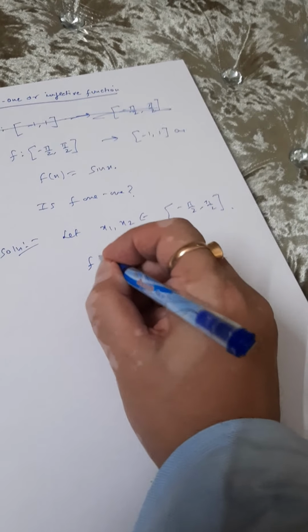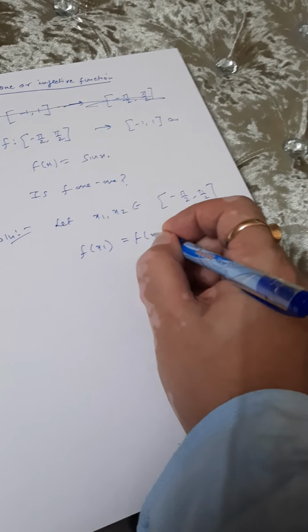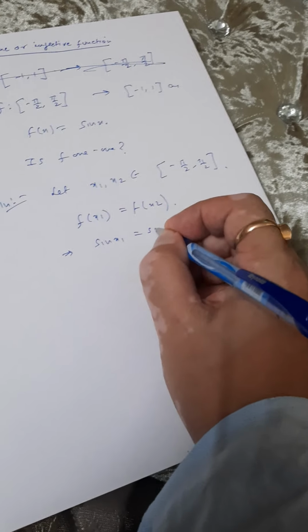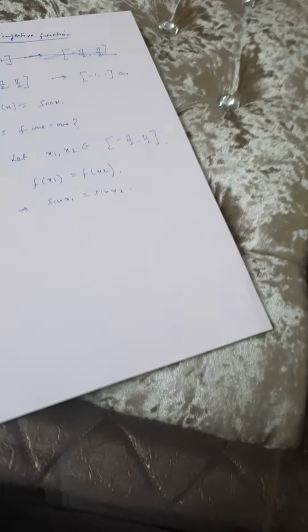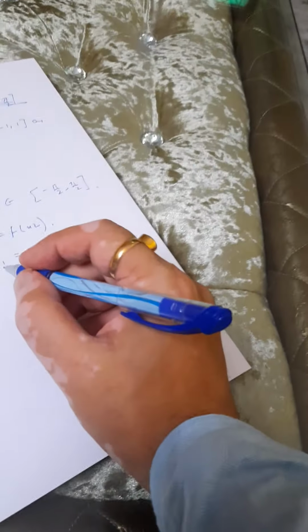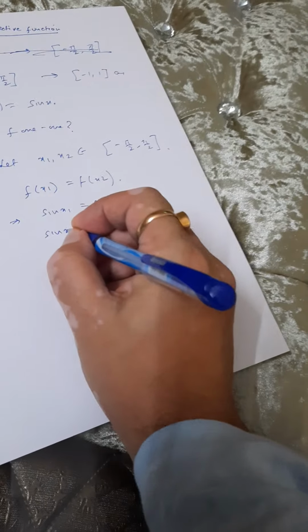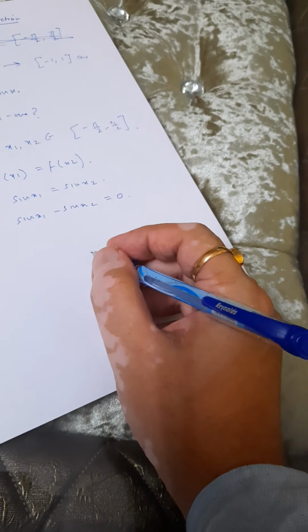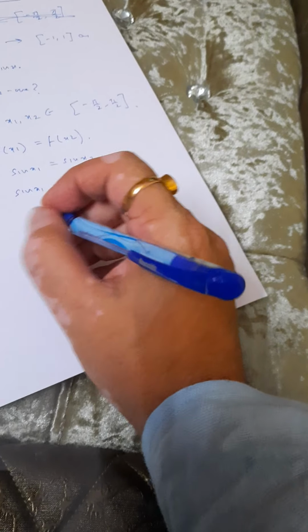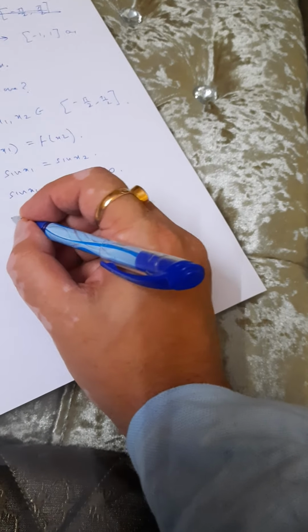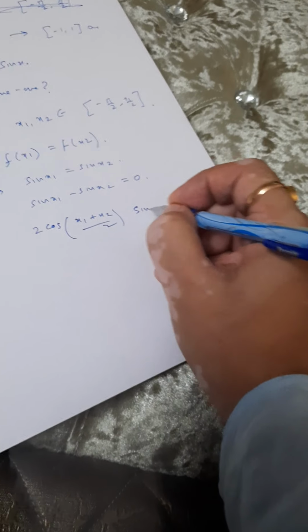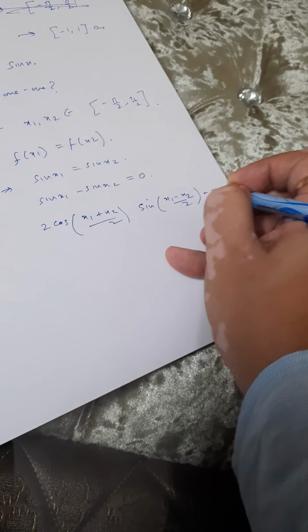Now you have f of x1 equals f of x2. Now this means that sine of x1 equals sine of x2. This means that sine of x1 minus sine of x2 equals 0. So that means 2 cos of (x1 plus x2) by 2 sine of (x1 minus x2) by 2 equals 0.